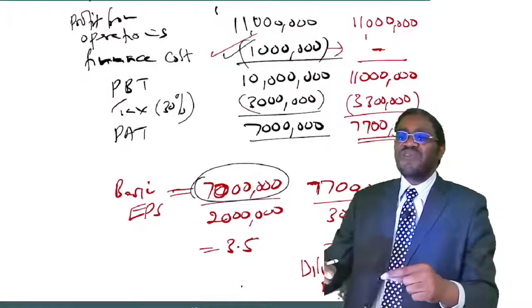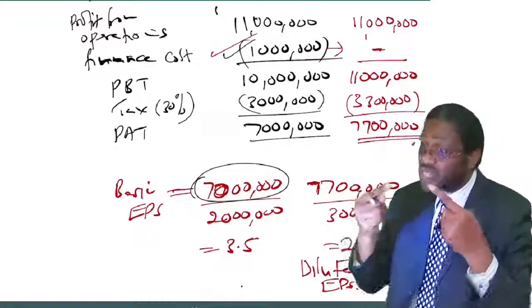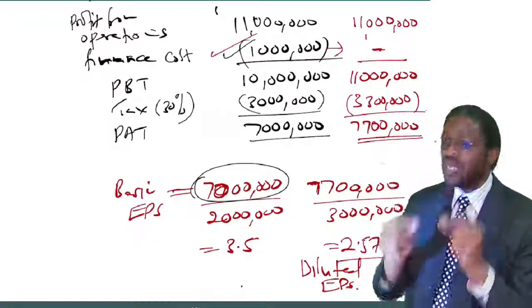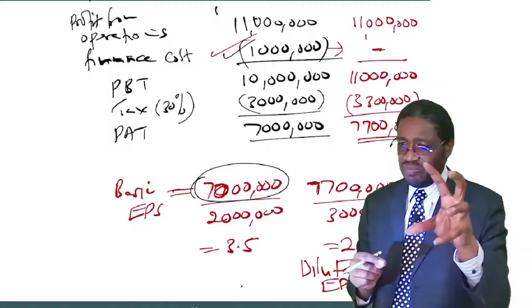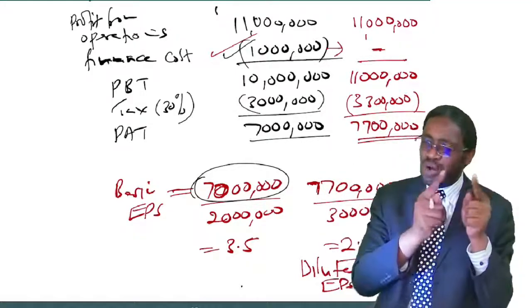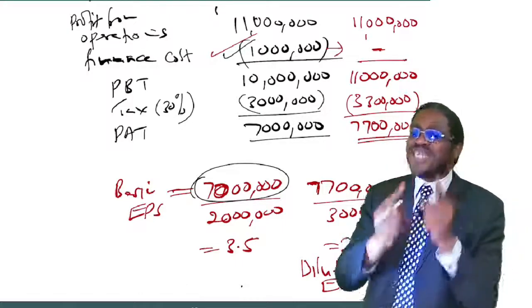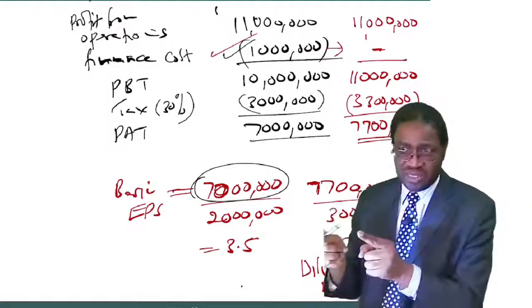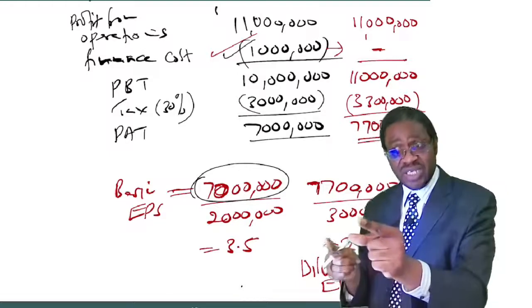We are saving only 700 out of the 1 million. Our tax rate is 30%.